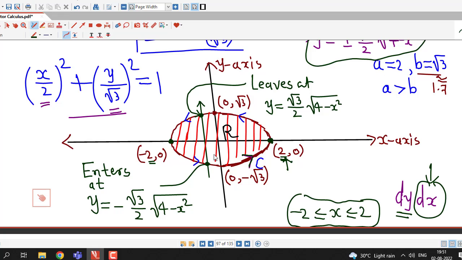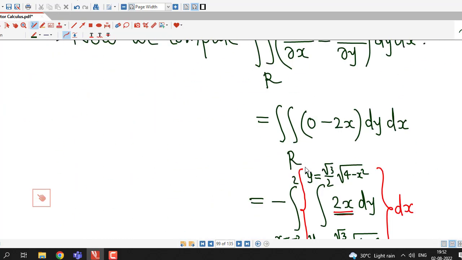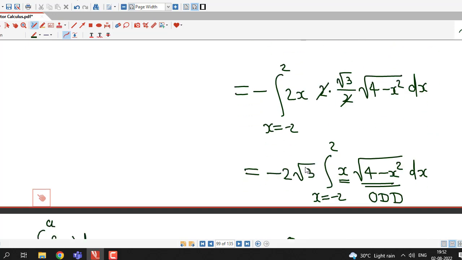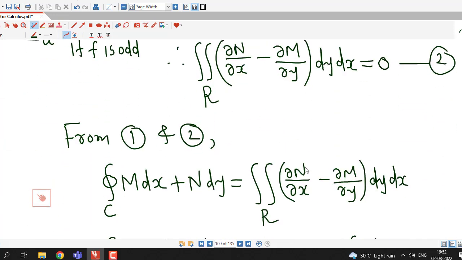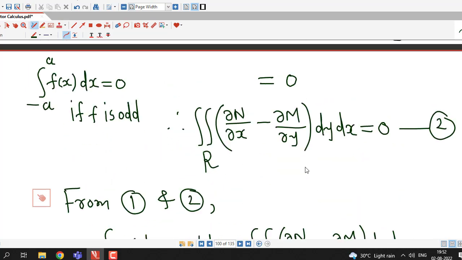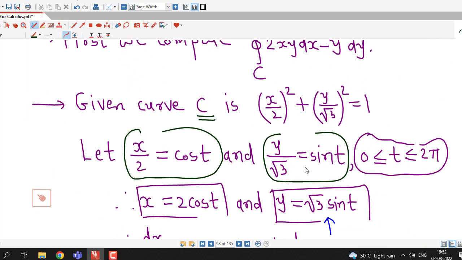So these values of y will be the limits of integration for variable y, and for the limits of integration for x we find out the value of x at the leftmost and rightmost points, and then we find the value of the double integral with these limits, and we obtain the same value 0 which we had obtained for the line integral. So in this way we can answer this type of questions on verification of Green's theorem.